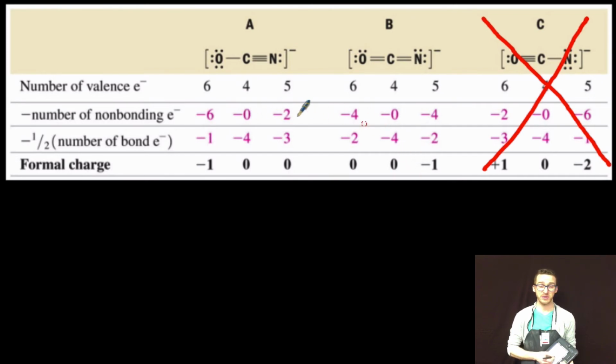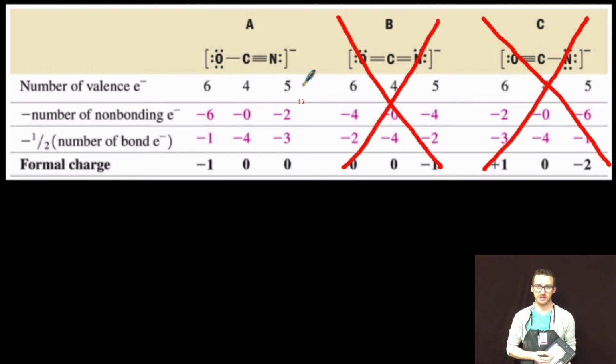As I decide between the final 2 Lewis structures, notice that on Lewis structure A, the negative formal charge is on oxygen, whereas in B, the negative formal charge is on nitrogen. Of the two, oxygen is more electronegative, which means that B is out, and that Lewis structure A is actually the best representation for the cyanide ion.